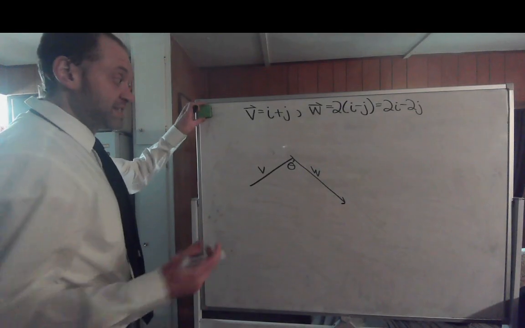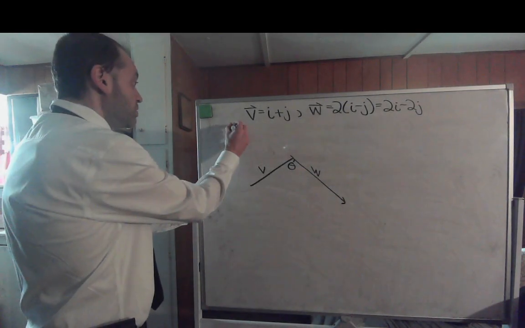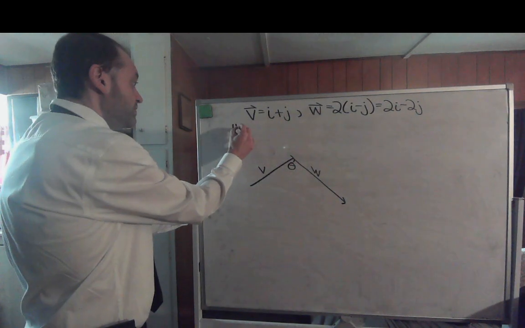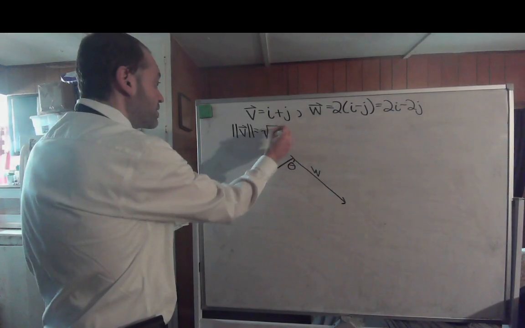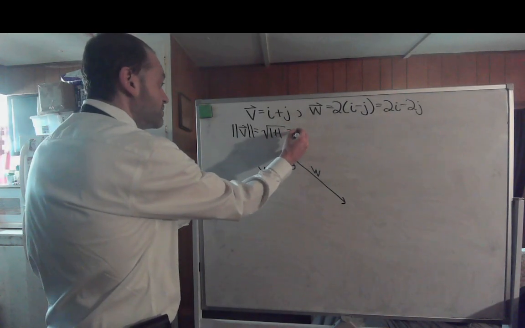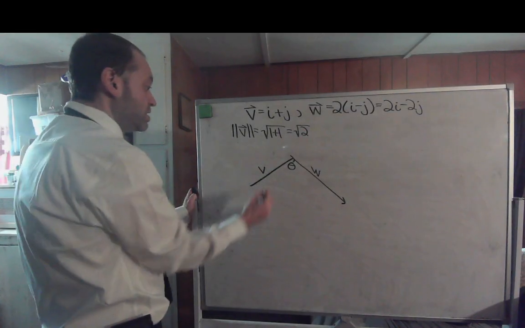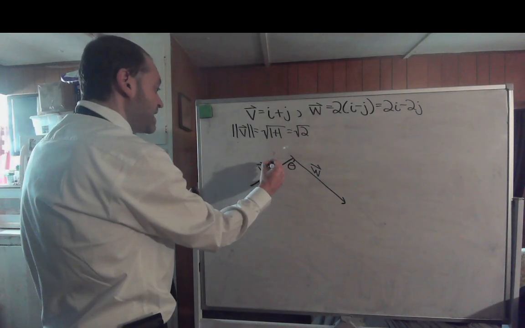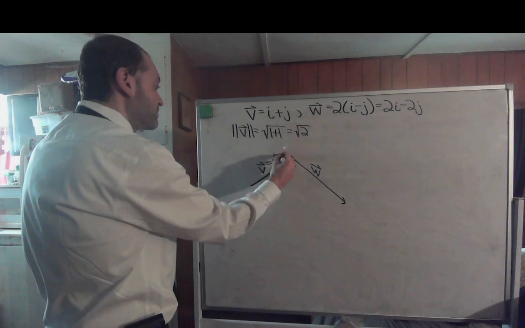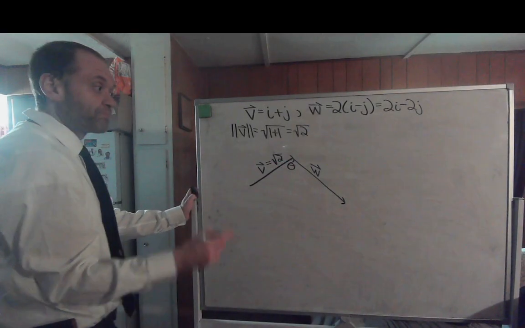The length, that's simply the magnitude. So let's take the magnitude of v, right? The magnitude, that's just going to be the square root of 1 plus 1, which would give you the square root of 2. So we know this has a length of the square root of 2 for vector v.